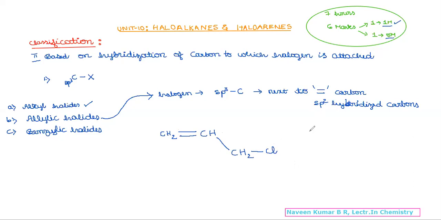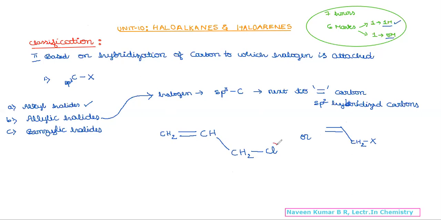The same example, if you observe in the textbook, they have given in bond line representation. So the structure can be represented with bond line representation. Observe either of the two structures and try to understand the type. Carefully observe the structure.